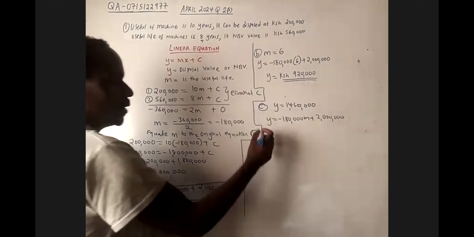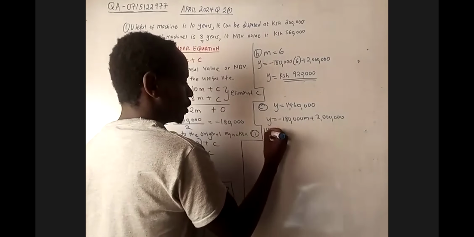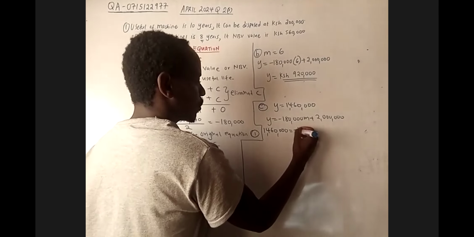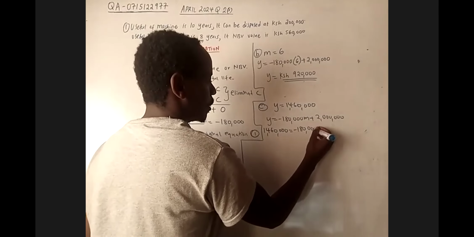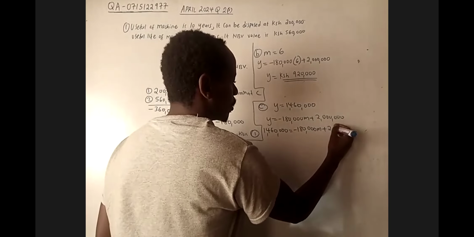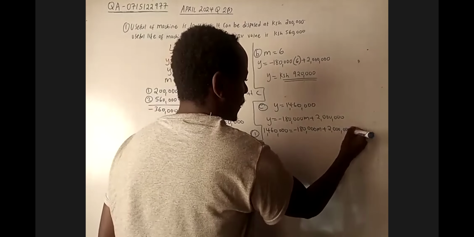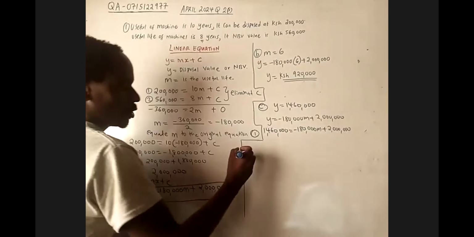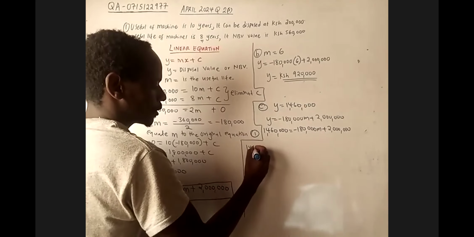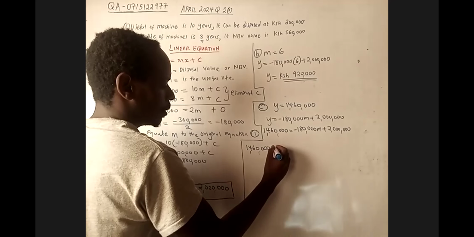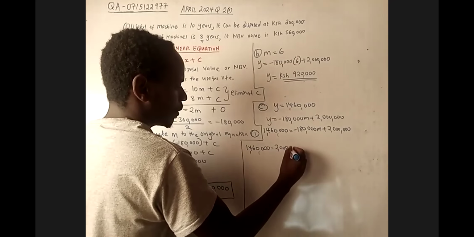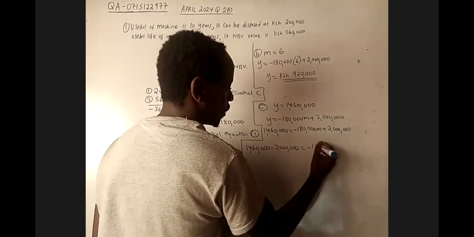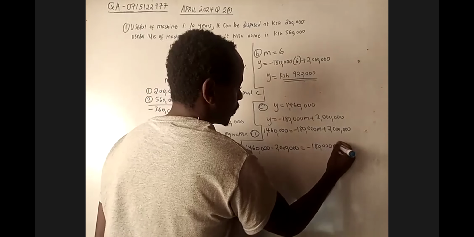When y is 1,460,000, it equals minus 180,000 m plus 2 million. Let us eliminate, taking 2 million to the other side: 1,460,000 minus 2 million is equal to minus 180,000 m.